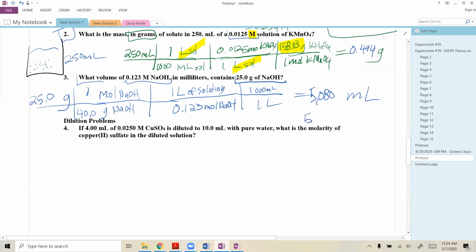Or if you want to do that in scientific notation, it would be 5.08 times 10 to the 3 milliliters. So when we're using our significant figures, it's not that we can't be in the 5,000s, right? It just means that we have to make sure we're only going out so far. Does anyone have any questions on that? Otherwise, it looks like you are pretty much on track for that.